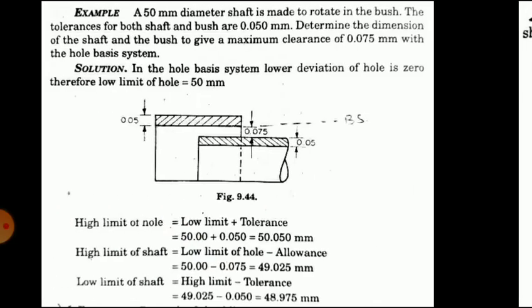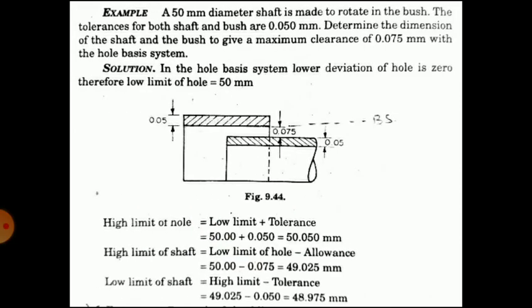Now the next problem: a 50 mm diameter shaft is made to rotate in a bush. The tolerances for both shaft and bush are 0.050 mm. So the tolerance for the shaft as well as the hole or bush is given as 0.05 mm.